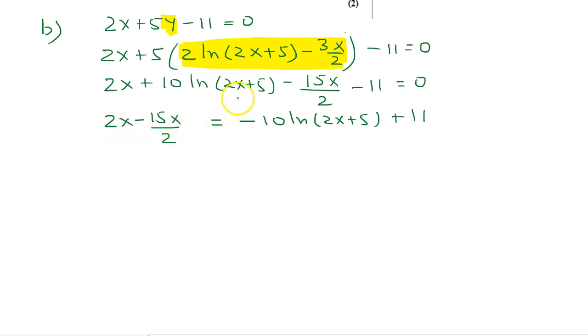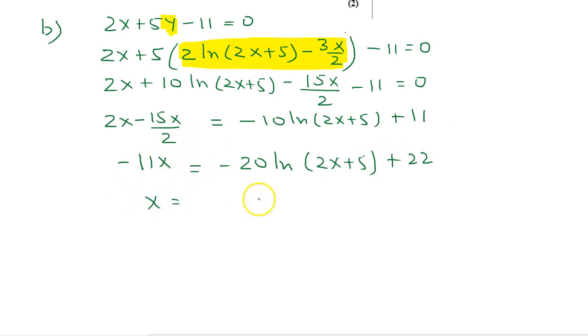This is 4x minus 15x, so 11x minus 11x over 2 is equal to, we multiply to this side to make it simple. Minus 11x is equal to minus 20 ln 2x plus 5 plus 22.